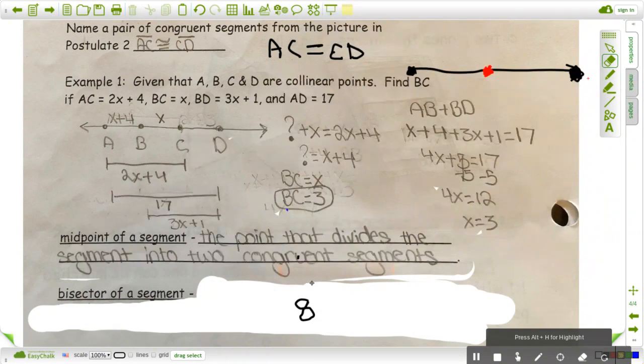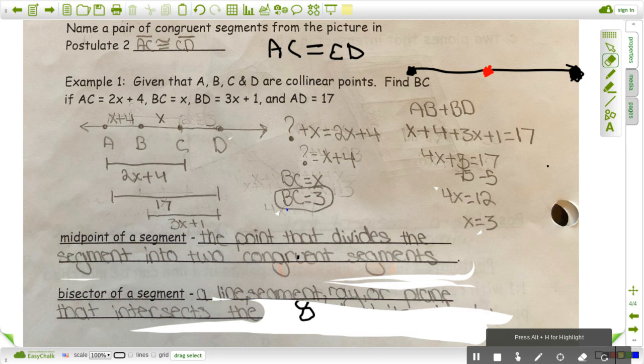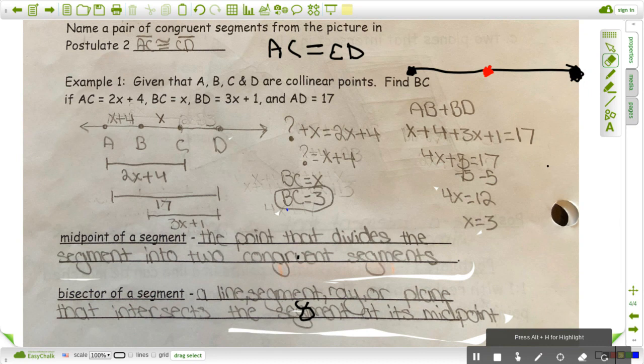The bisector of a segment. You really need to know this because what we're going to learn in the next section is mostly about that. The bisector of a segment is basically a ray or anything, but not a point. Like you can have a line, a segment, a ray, or a plane, but not a point. Remember, that's the midpoint that intersects the segment at its midpoint.